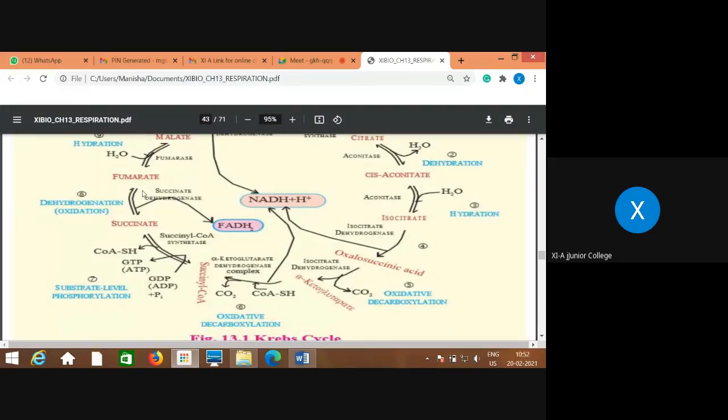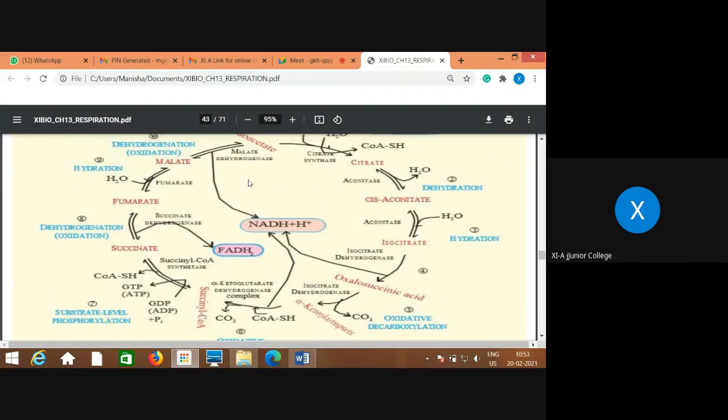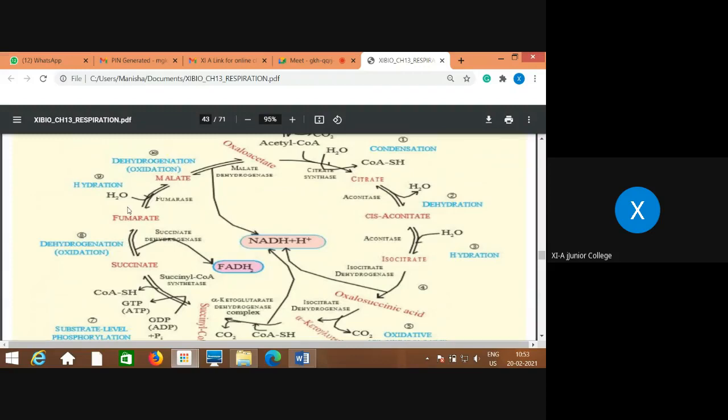Now when succinate gets converted into fumarate, or succinic acid into fumaric acid, by dehydrogenation, FADH2 is produced. Now in the next step this fumarate gets converted into malate with the addition of water, that means hydration takes place. This is the simple reaction, and this malate in the last stage gets converted back again into oxaloacetate or oxaloacetic acid.